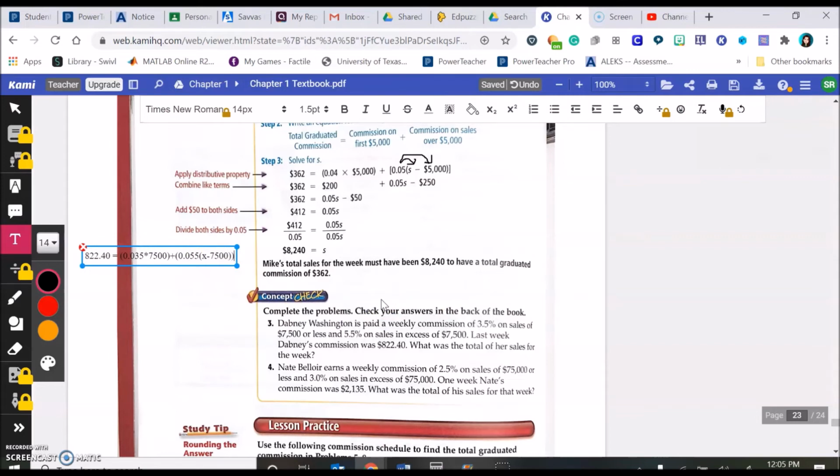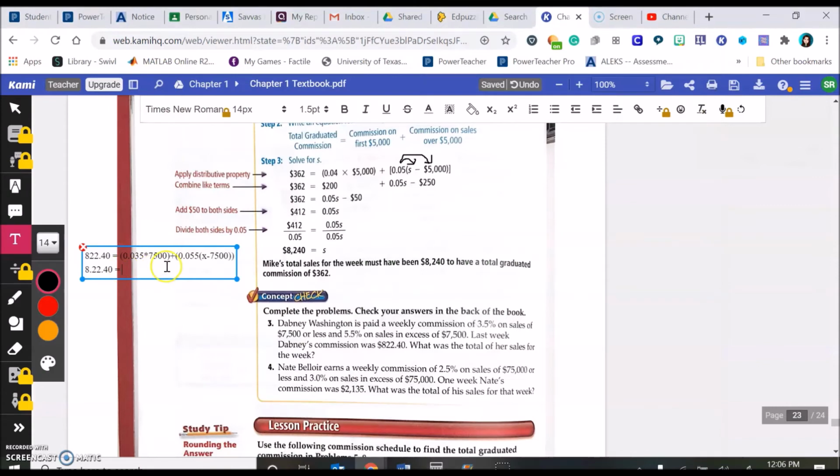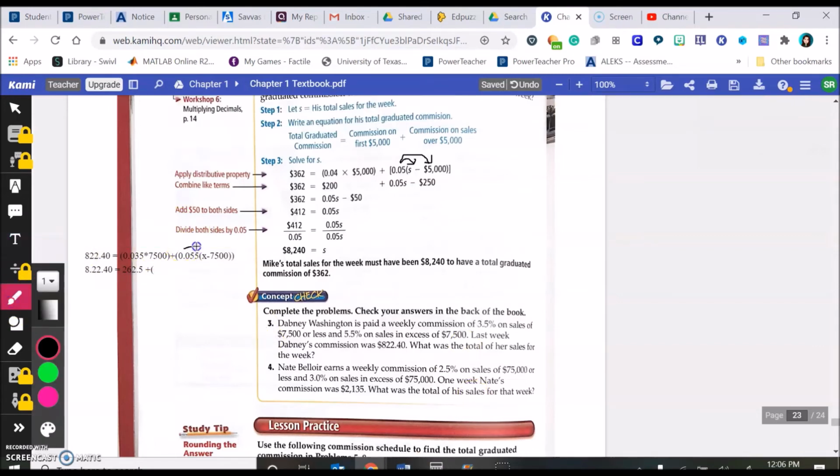Okay. In order to do this, I'm going to simplify. 0.035 times 7,500 is 262.50, plus I have to do the inside for each one. So remember, I'm doing 0.055 times the x, which was my variable, and 0.055 times 7,500.